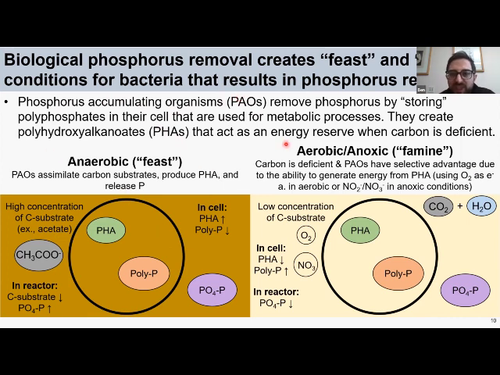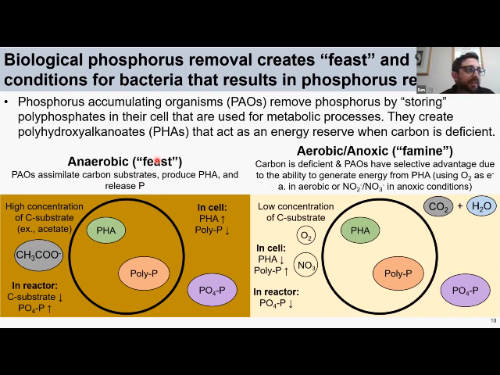It's known as this feast and famine, is what they call it. So what happens is essentially these bacteria specifically can store phosphorus in their cells as like a backup battery. So if there's a lot of carbon around and a lot of phosphorus, they can store that phosphorus in their cells, and when that carbon goes away, they can use that phosphorus as their energy source.